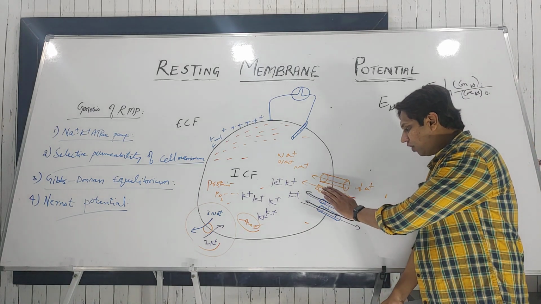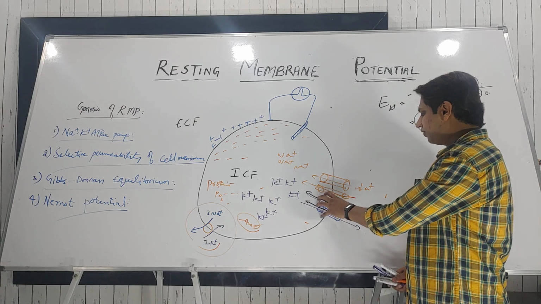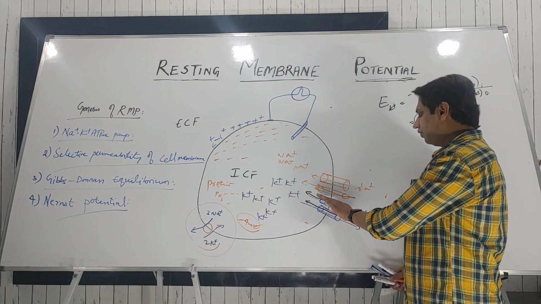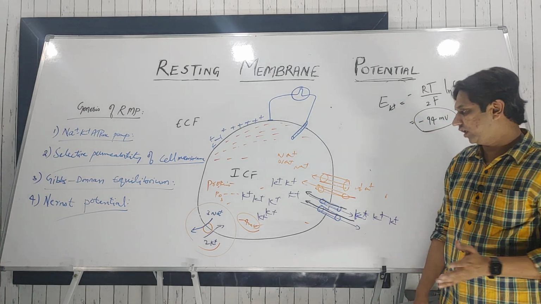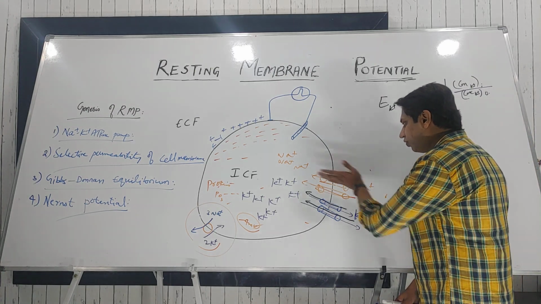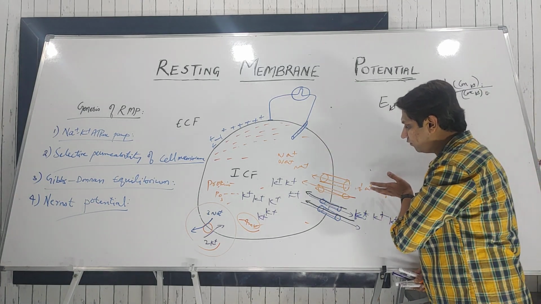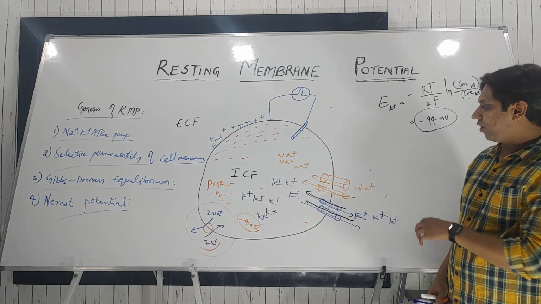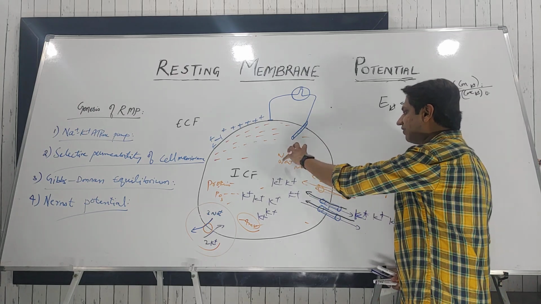Similarly, if we forget potassium, consider the potassium ion channels are not functioning and only sodium ion channels are functioning. So sodium will go from outside to inside because the concentration gradient will push the sodium ions from outside to inside. Now because of this movement, there will be electronegativity outside as compared to inside.